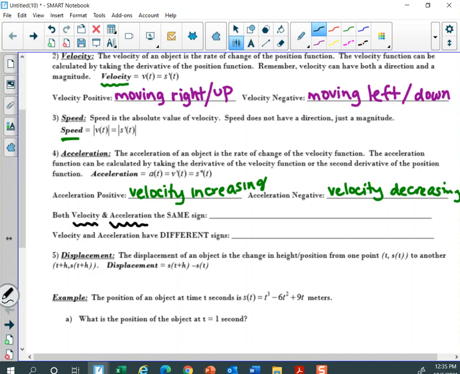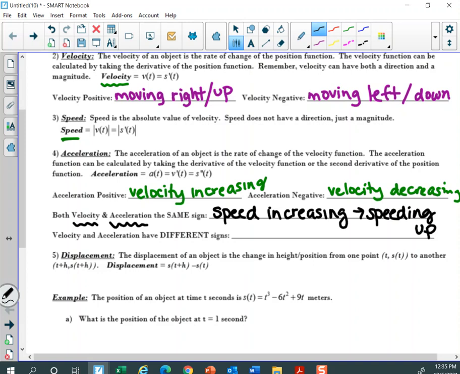When the velocity and the acceleration are working together, have the same sign, a positive velocity with a positive acceleration, or a negative velocity and a negative acceleration, same sign means our speed is increasing, or we will talk a lot about things speeding up.